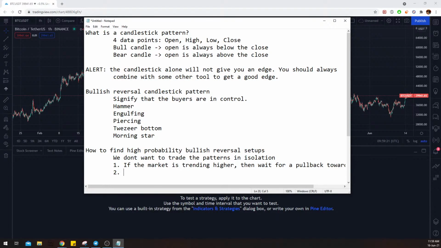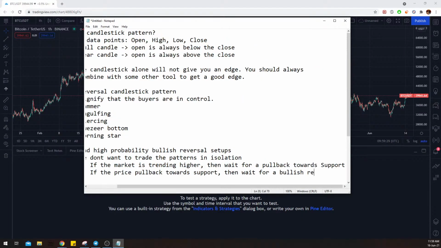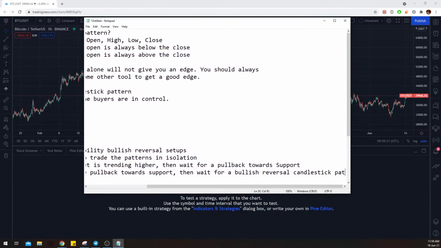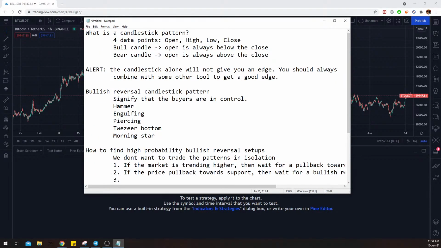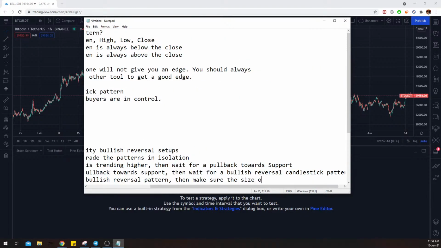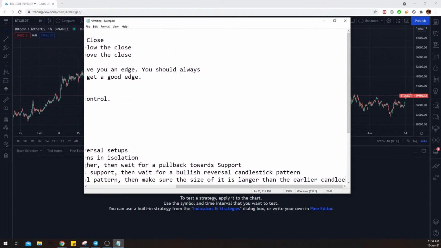Second, if the price pulls back towards support, then wait for a bullish reversal candlestick pattern. And the last one, if there is a bullish reversal pattern, then make sure the size of it is larger than the earlier candles.